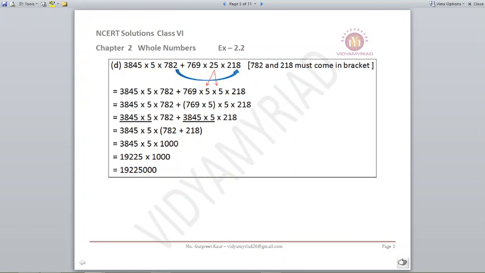That gives you 19225. Just put 3 zeros and that will be your answer. See how easily we are able to do this. Otherwise, if you have to multiply all these numbers, it will be very difficult for you to calculate. Just try to rearrange, try to find the common and see how you can simplify your answer.